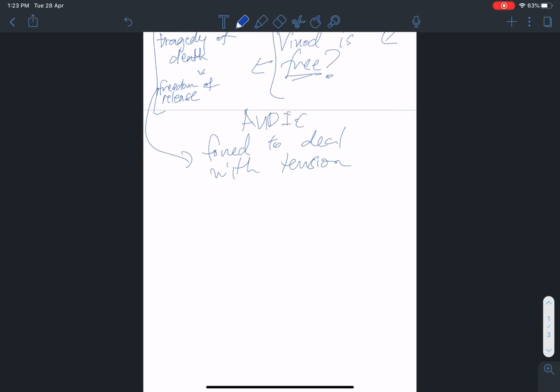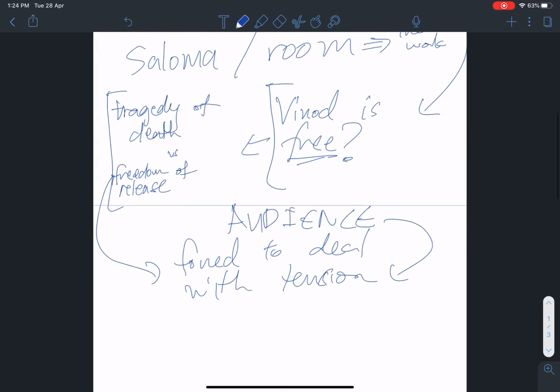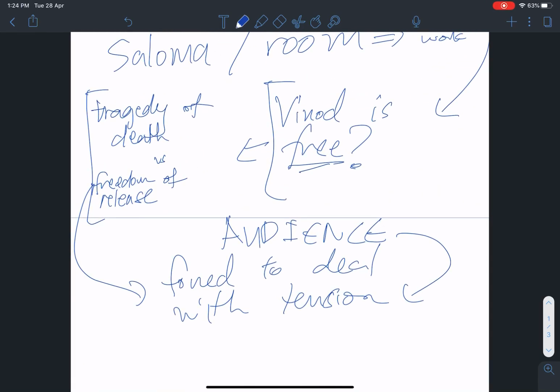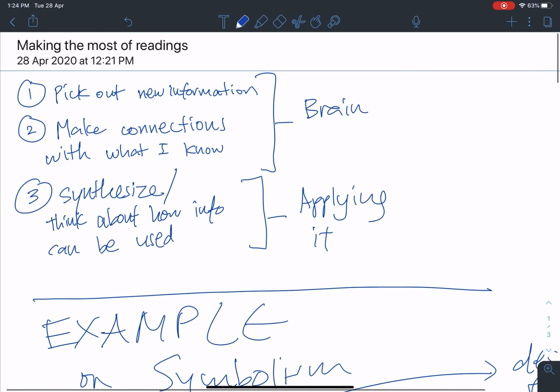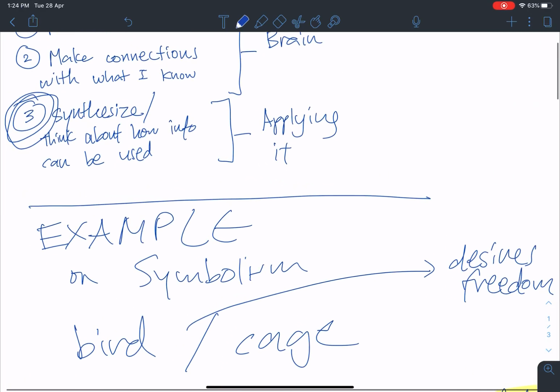Why does Shama want me to deal with this tension? What is he trying to say? Maybe that freedom of release is what I want, but that's because I haven't dealt with the tragedy of Vinod's death. So that's an example of how I would be trying to, point 3, synthesize what I learned about symbolism.